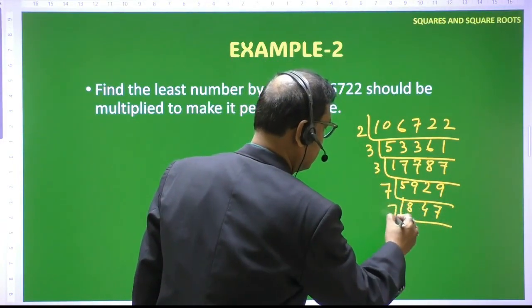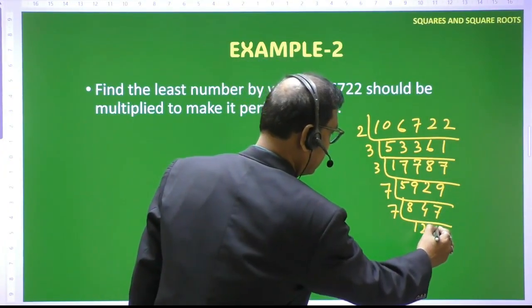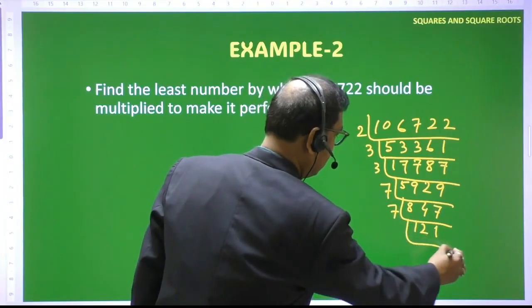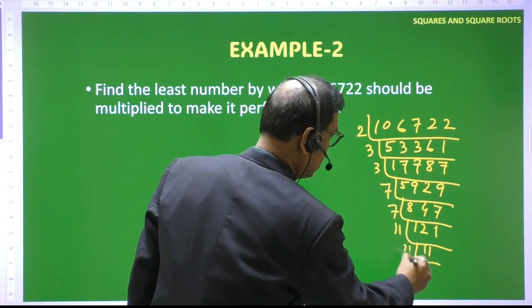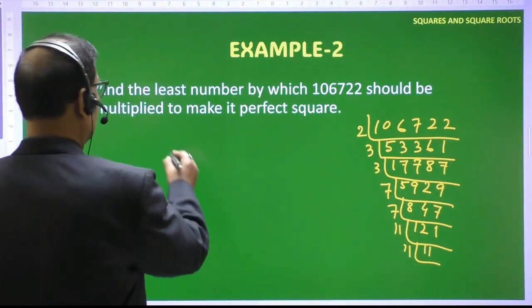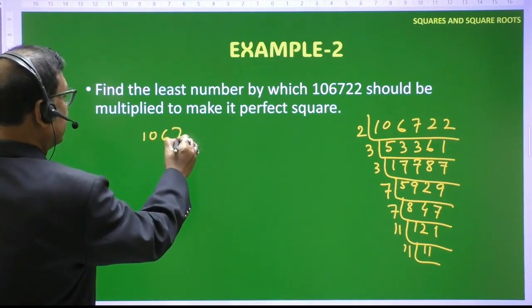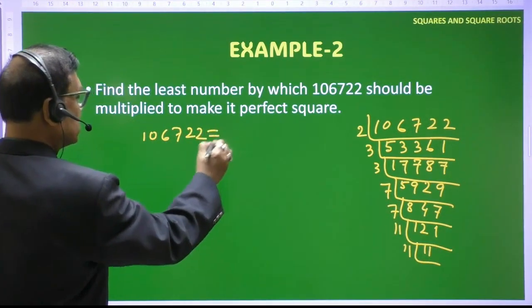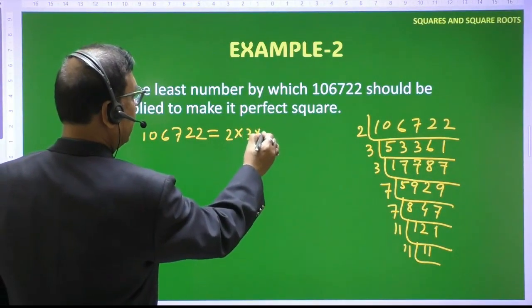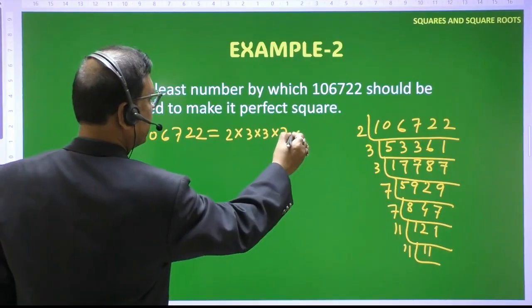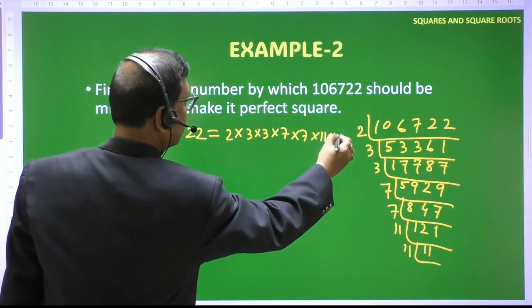Again divided by 7, 12 and here 1. Now it is divided by 11. So 106722, this number is 2 into 3 into 3 into 7 into 7 into 11 into 11.